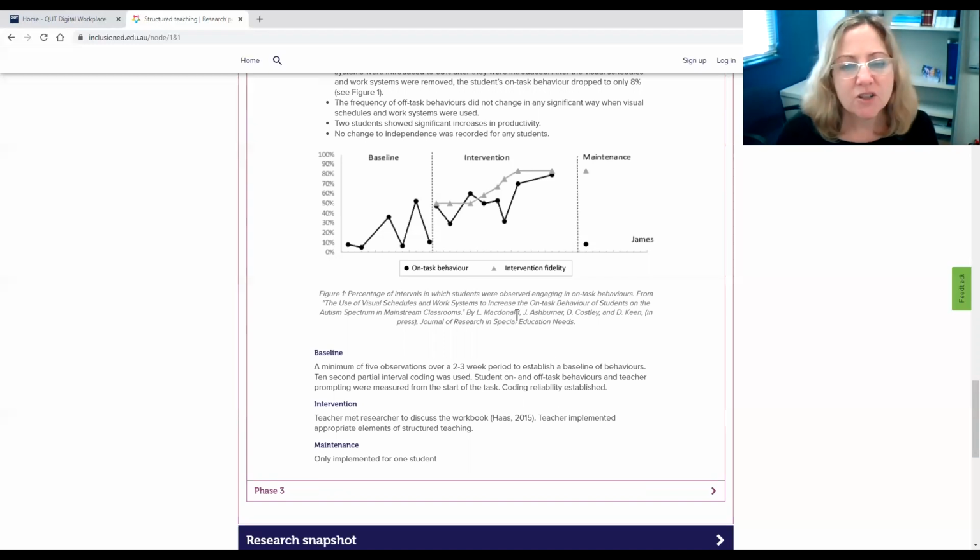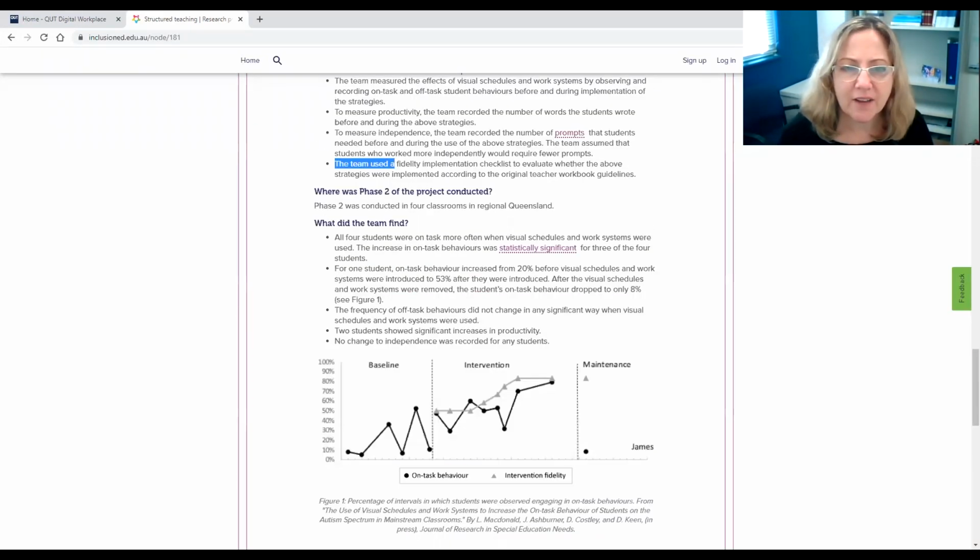So it needs to be shorter, but still have the information that you may well be looking for. At the conclusion of phase 2, the team had sufficient evidence to believe that this was a practice which could very well be useful and effective in mainstream classrooms.